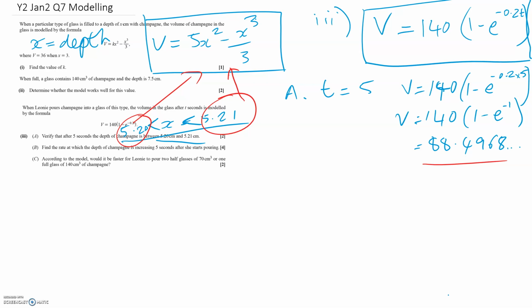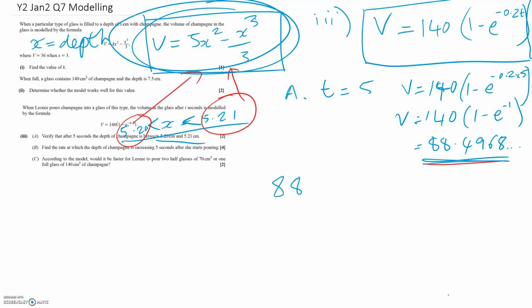So if you write down this equation up the top here, but with v equals 88.4968 and so on, equals 5x squared minus x cubed over 3.